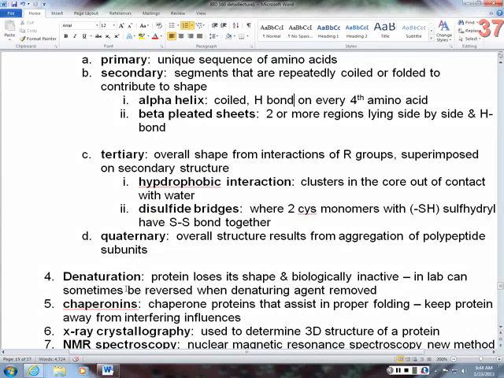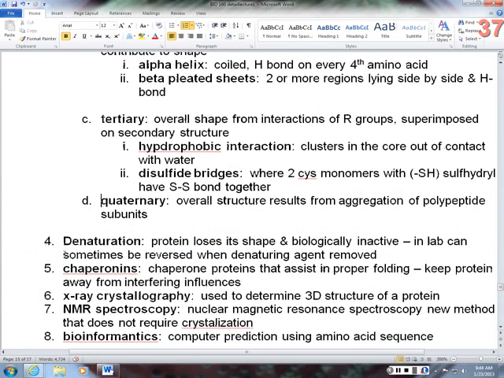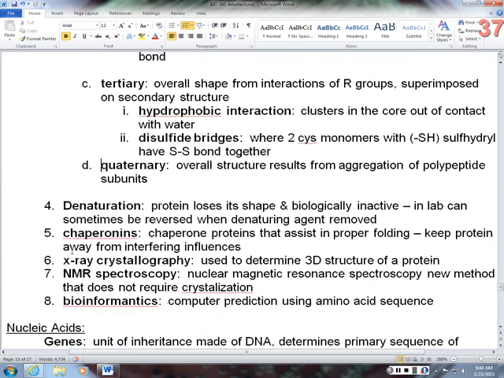So when we denature a protein, it means it's going to lose its shape and it becomes biologically inactive. You've somehow changed it so it doesn't do the same thing. Sometimes it can be reversed in the lab, but generally in nature, when you denature something, you have changed it for good. It's permanently changed.